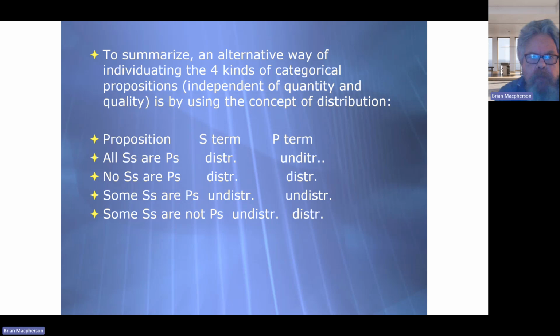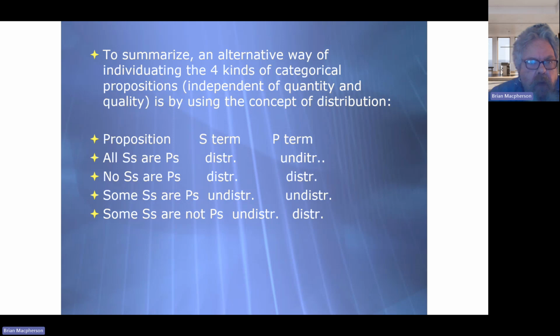In an A proposition, S is distributed, P is undistributed. In an E proposition, both terms are distributed. In an I proposition, neither term is distributed. In an O proposition, the S term is undistributed and the P term is distributed. Again, don't get bogged down by the technical definition of distribution. All that distributed means is the proposition refers to everything denoted by the term.